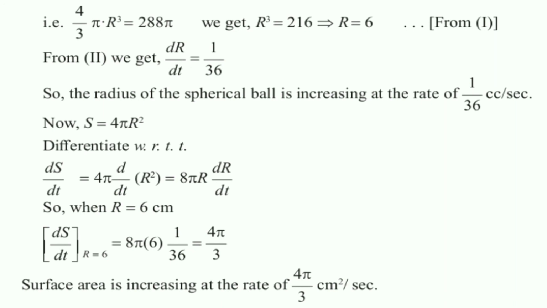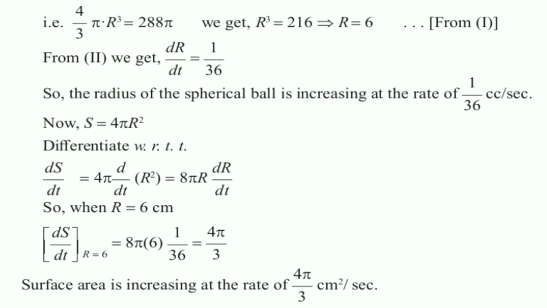From 2 we get dr upon dt equals 1 upon 36. So the radius of the spherical ball is increasing at the rate of 1 upon 36 cm per second.